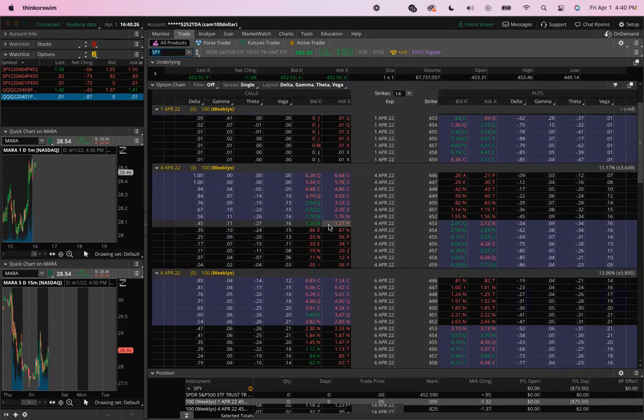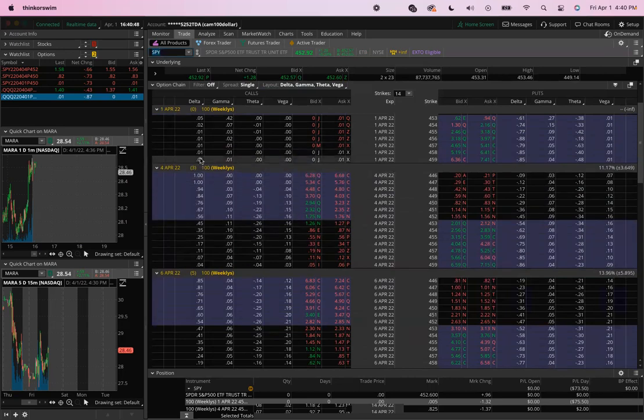So I think you guys can understand now why options are a lot riskier, and how there's a lot more that plays into options, right? You have Delta. Delta is, similar to if you're trading shares, the price of the share indicates the price of the share, right?